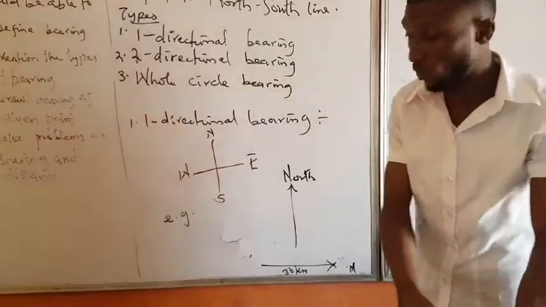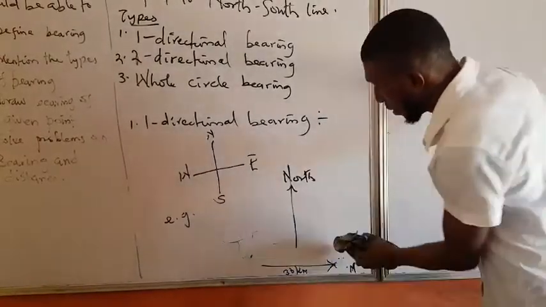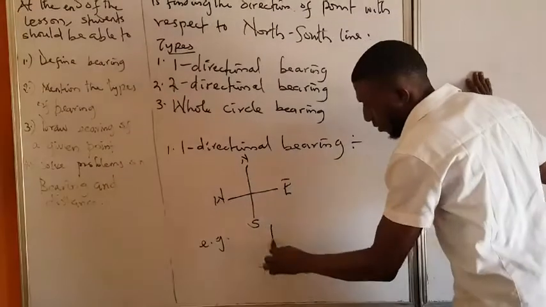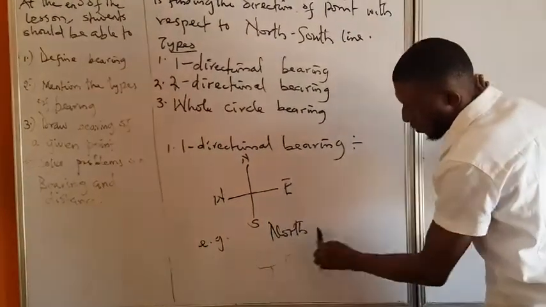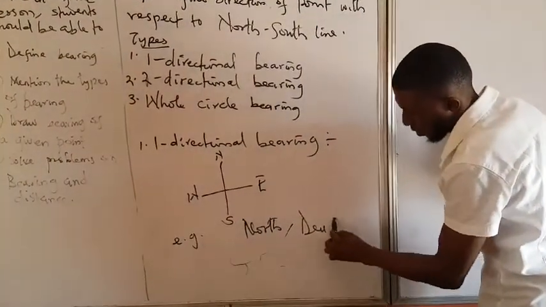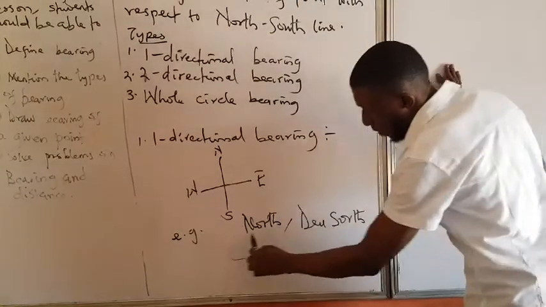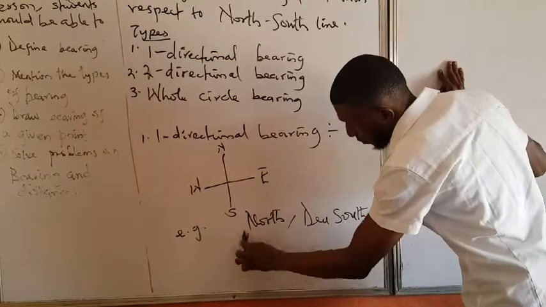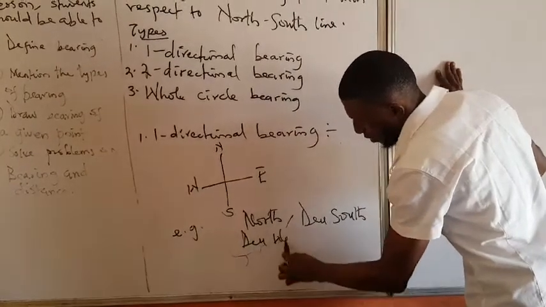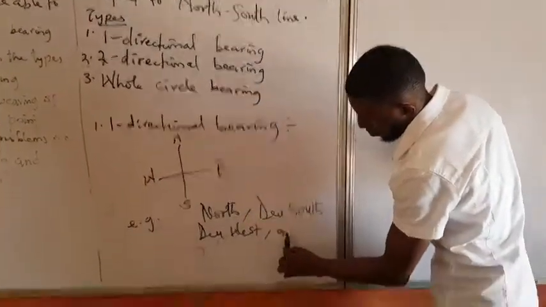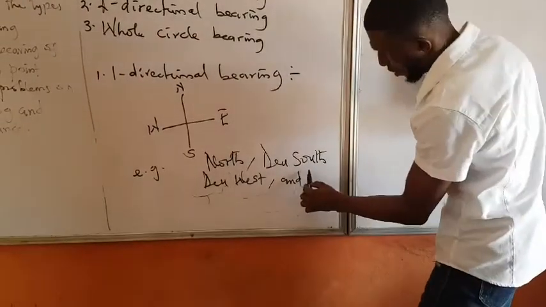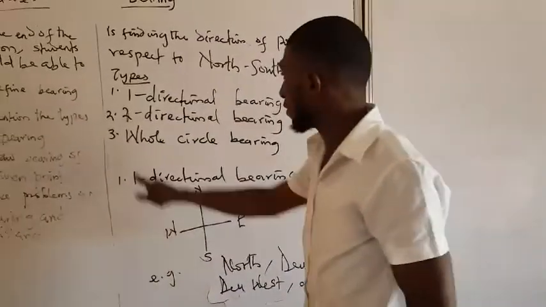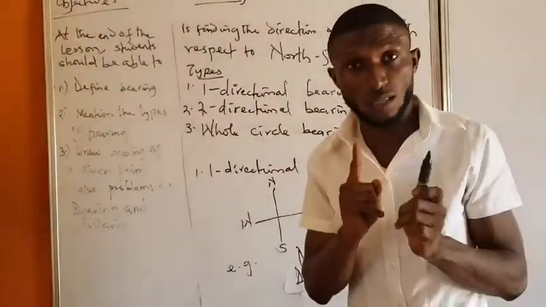And this is what we call one directional bearing. Let's say this is due north, due south, due west, and due east. So any direction given in this form is known as one directional bearing.